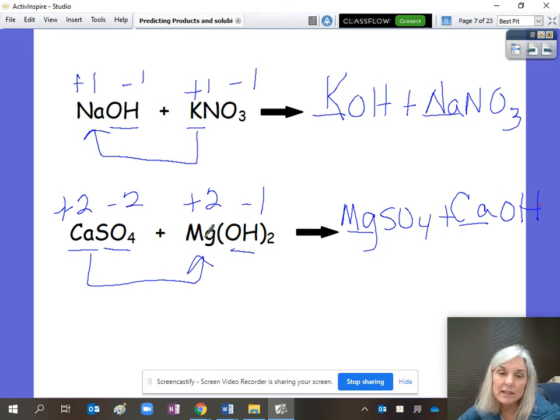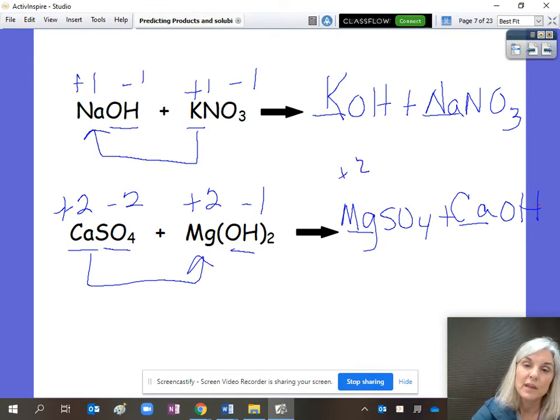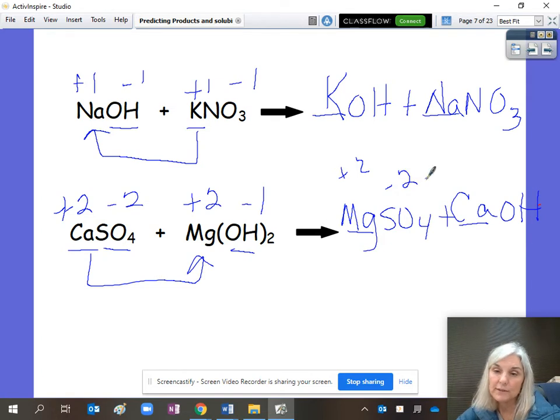So all I did is I moved the Mg to where the Ca is, and the Ca is with the OH. So we kept our SO4 and our OH in the same spot. So now we have to make sure they're equal in charges. So remember, Mg is positive 2, and SO4 was negative 2. So that's the right formula.